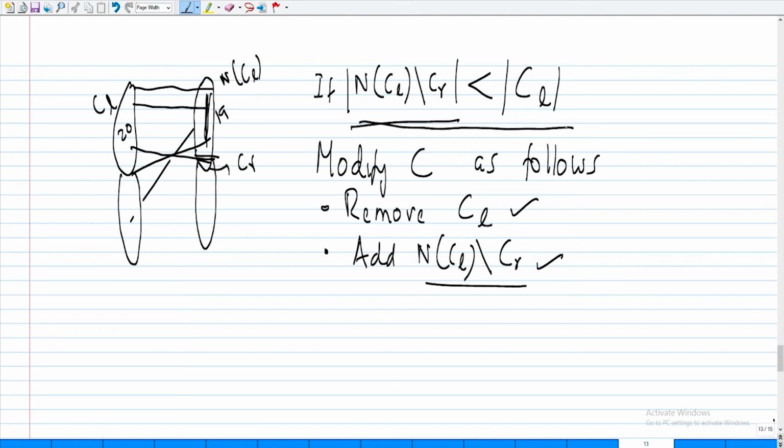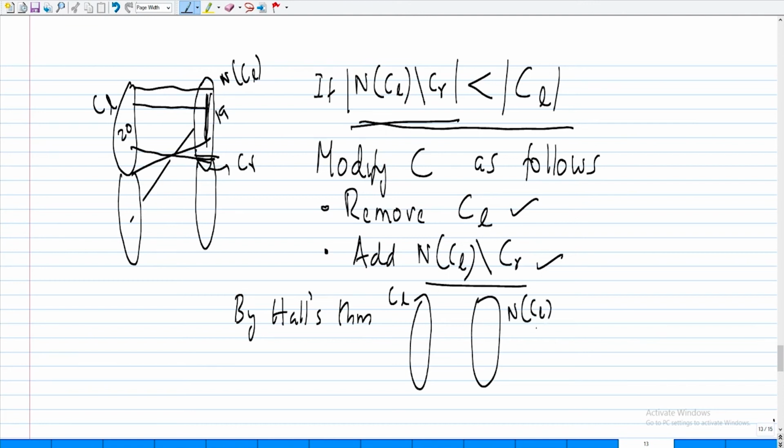Now Hall's theorem is to be applied. By Hall's theorem, the graph formed by C_L and N of C_L minus C_R satisfies Hall's condition.